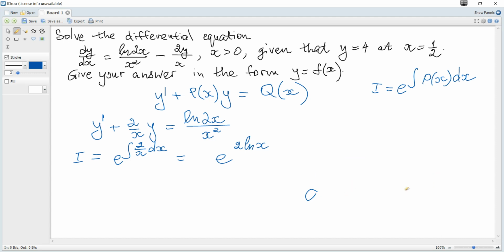So it is equal to e to the power of ln x squared, and it's just x squared.